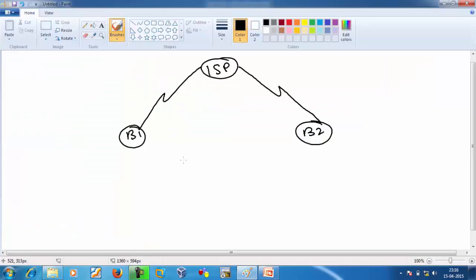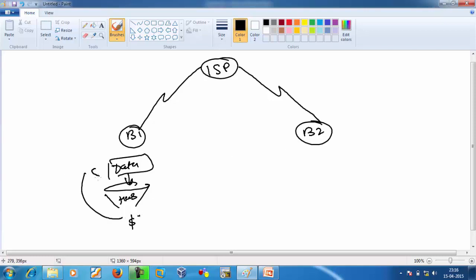So what will happen when branch 1 sends data? It will put the data into the hash algorithm and get a hash product. When this data is sent to the other side, this hash product will be attached with the data. When the other device receives it, it will separate the data and the hash value.